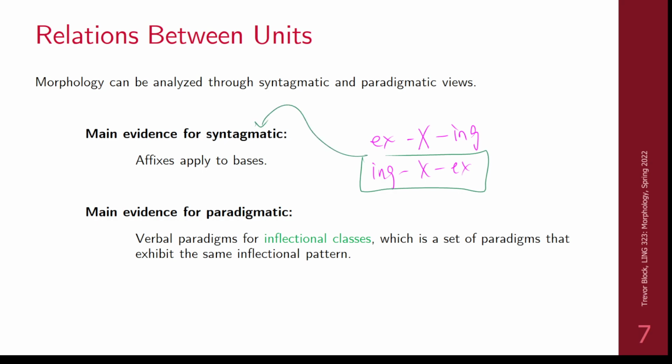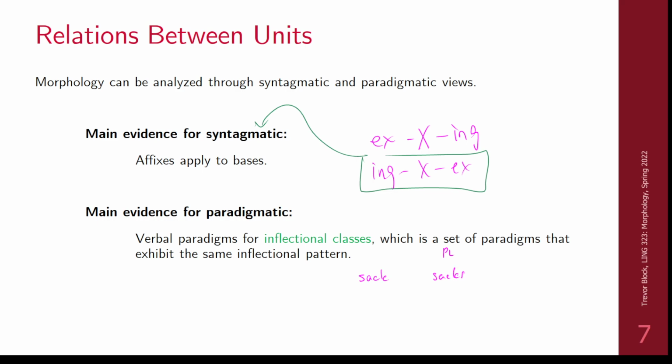Now, paradigmatic evidence for that comes from inflectional classes. So for example, we know how to set up a conjugation table. If you've taken any language course, you've probably seen one at some point in your life. If you were to think about nouns with singular and plural, you have a sack and then you have sacks.